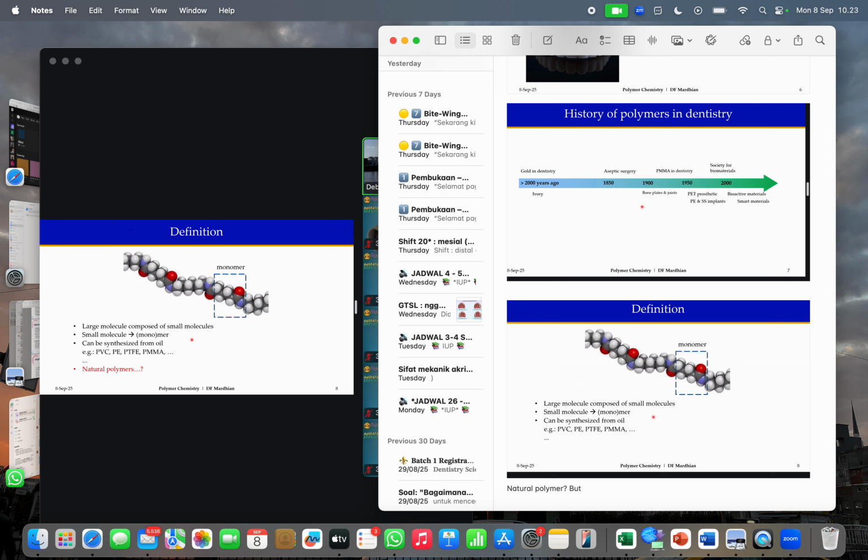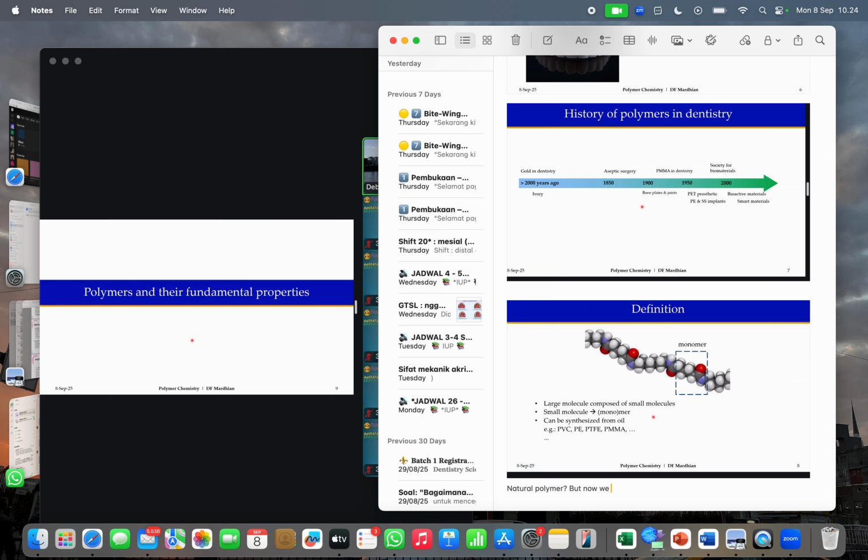Unlike the natural polymers like alginate and rubber, which are used as supporting or auxiliary materials like impression materials and negative molds, here the polymers are used directly as biomaterials in the oral cavity.